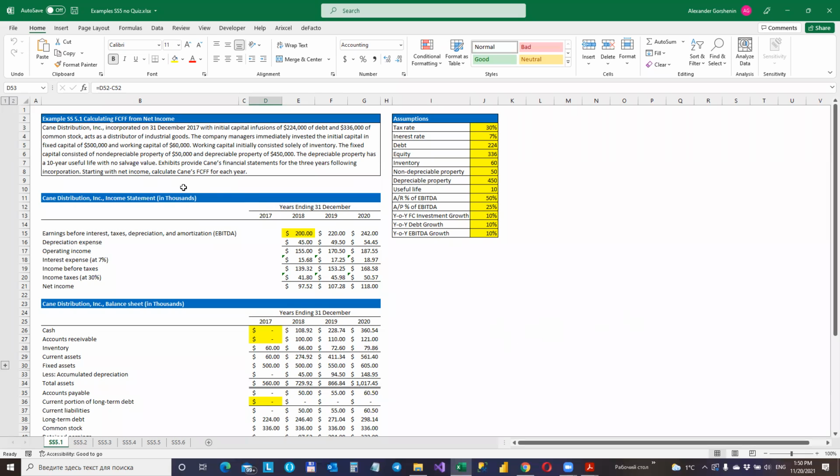These are spreadsheets developed by myself, and you can see here not only the approach for calculating any methods of getting to free cash flow to the firm or free cash flow to the equity, but also the style, which is the best practice for developing a financial model.